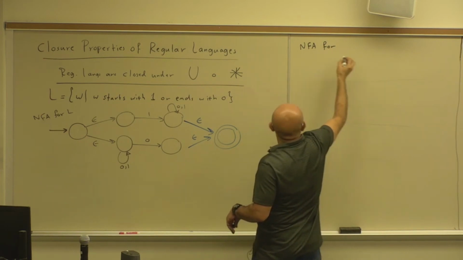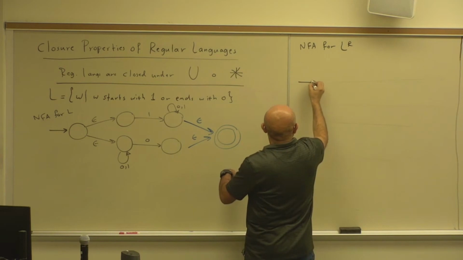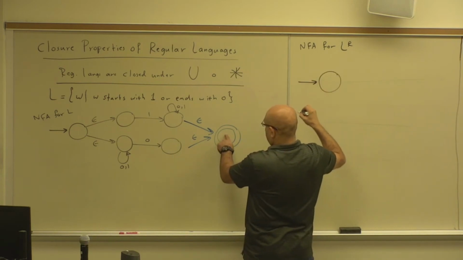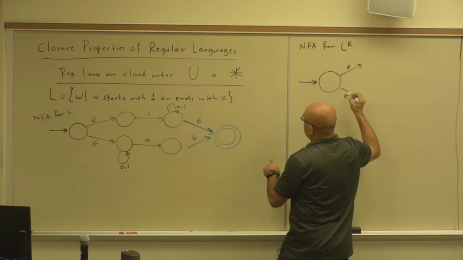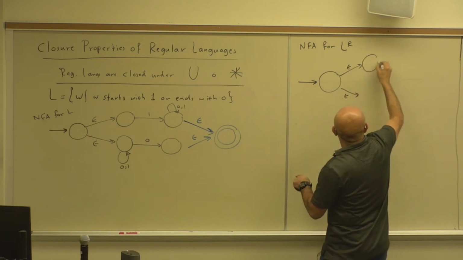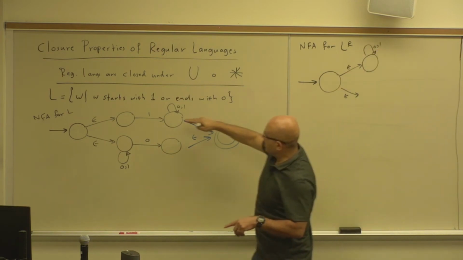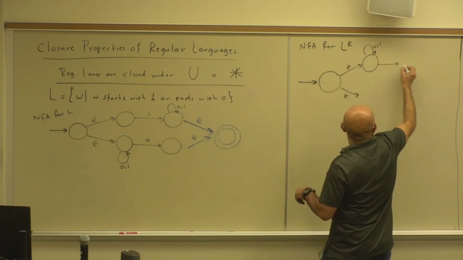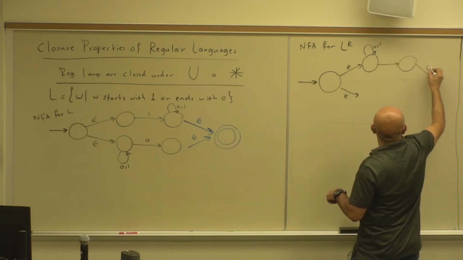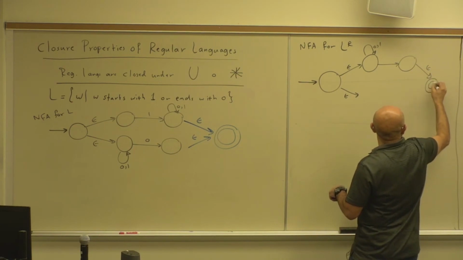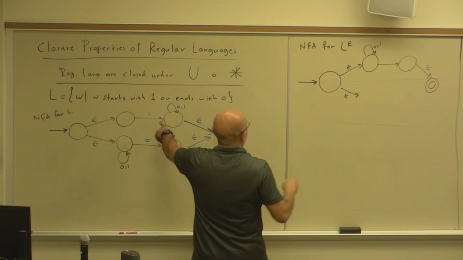NFA for L reversed: so this becomes your start state, and then you have these epsilons, and then you have 0, 1, and then it goes to this, and then epsilon, and this becomes your accept state, 0, 1, and this is a 1.